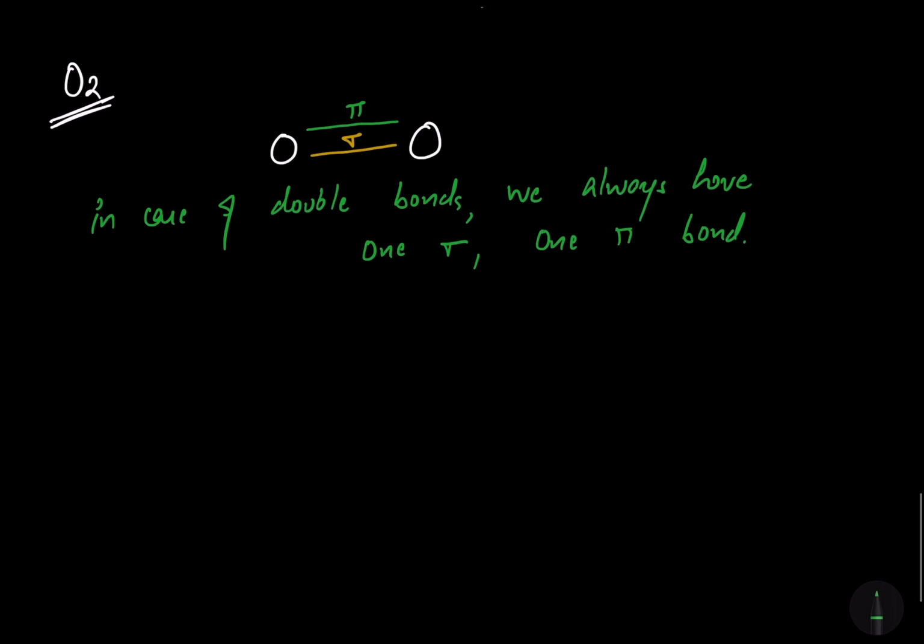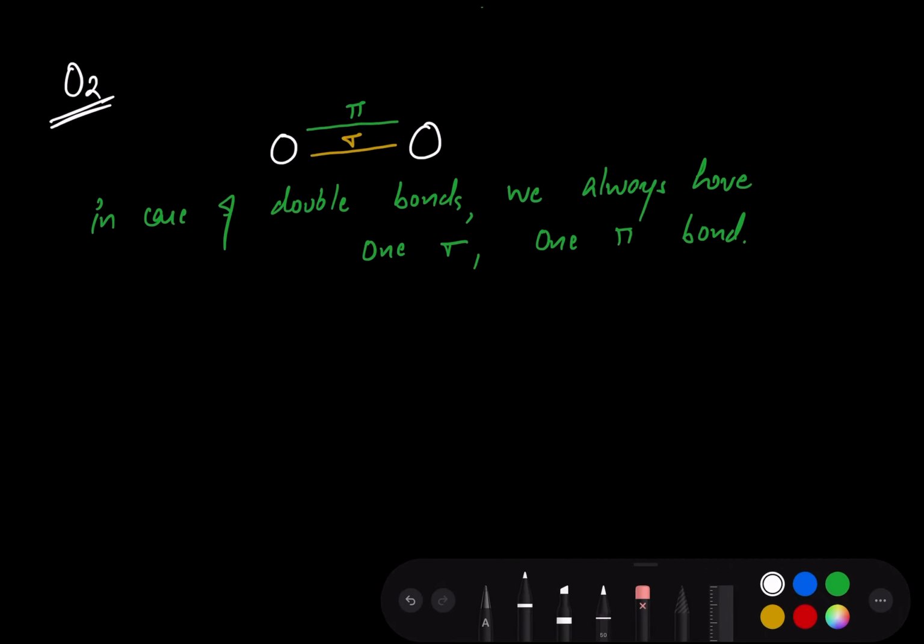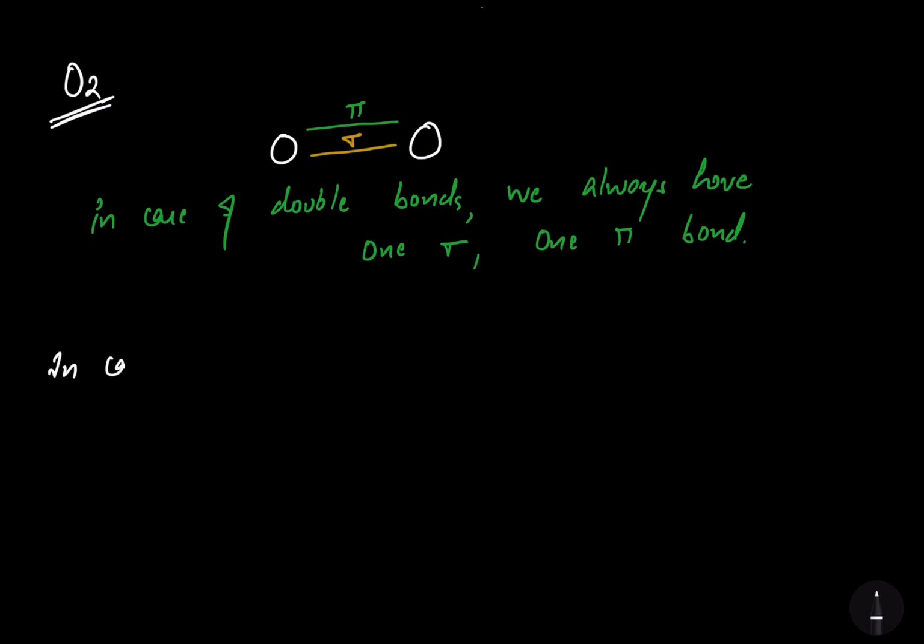And in case of single bonds, the bond will always be sigma by head-on overlap, or the overlapped region on the internuclear axis.